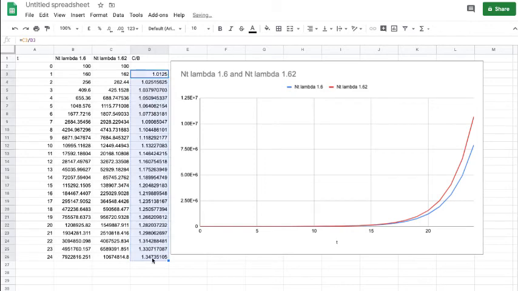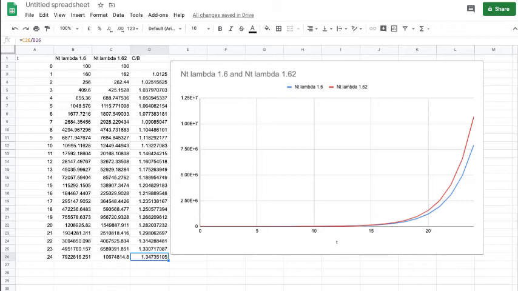But after 24 years, the population growing with lambda equals 1.62 would have a 35% advantage, much more substantial. That means that if a mutation caused the intrinsic growth rate to be 1.25% higher than everyone else's, in 24 years, that gene's actual fitness advantage would be 35% and only growing greater over time.